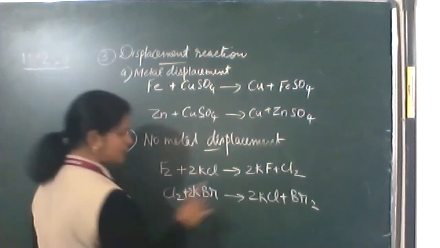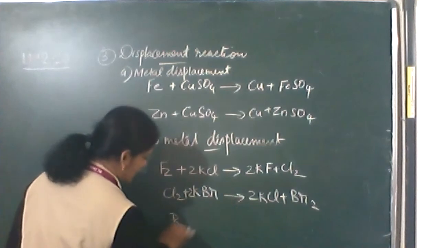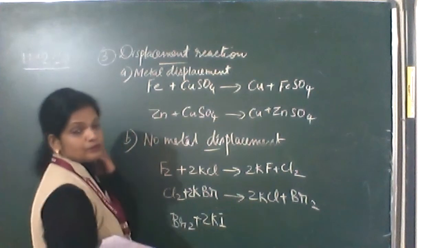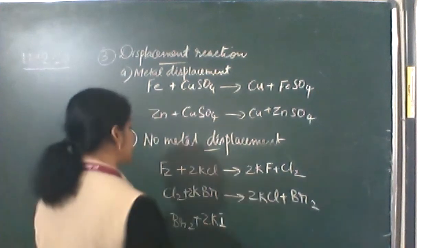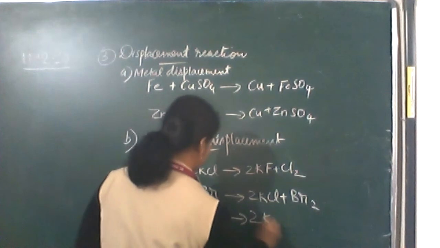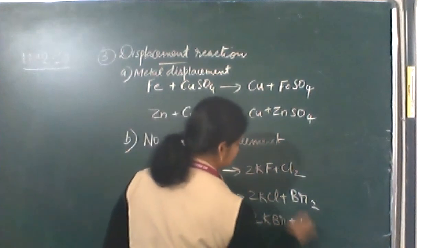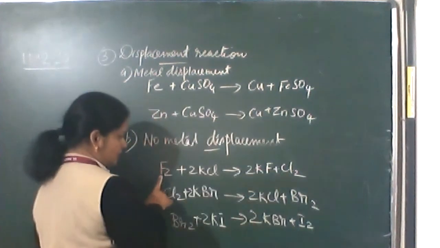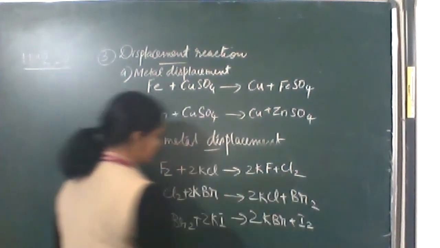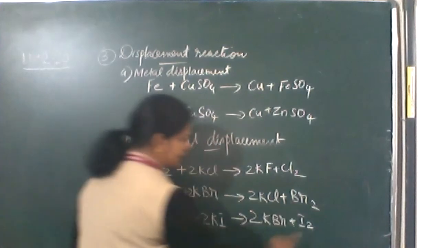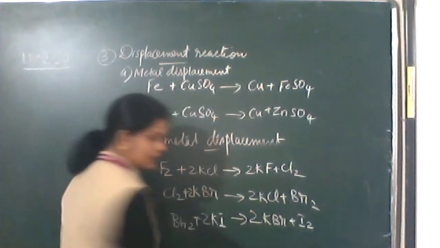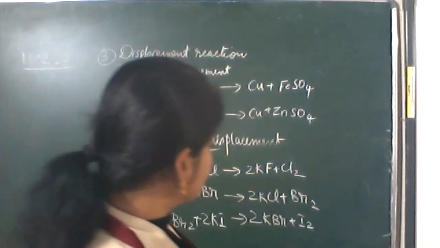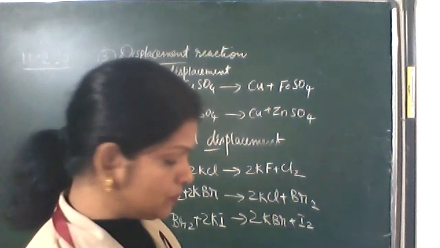See, Cl2 is making Br2. Now Br2 can make I2: Br2 plus 2KI gives 2KBr plus I2. My point is, the upper one can make the lower one. F2 can make Cl2, Br2, I2. Cl2 can make Br2, I2. Br2 can make only I2. This is again non-metal displacement.